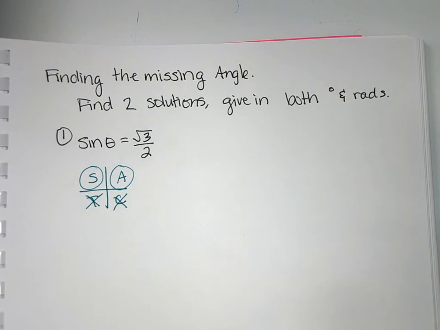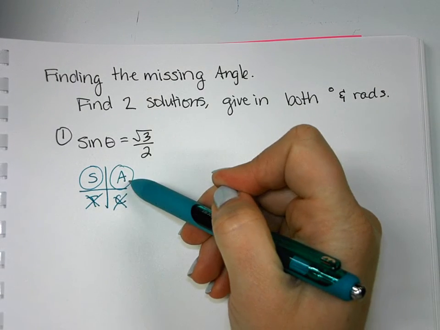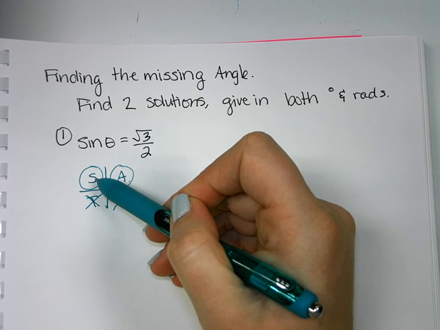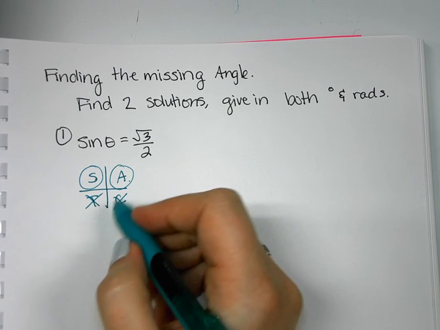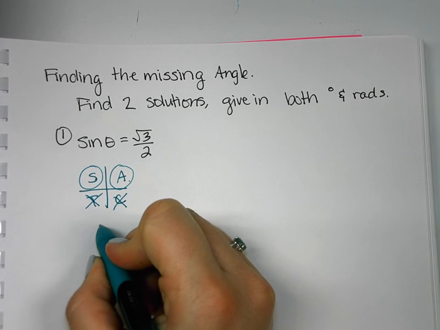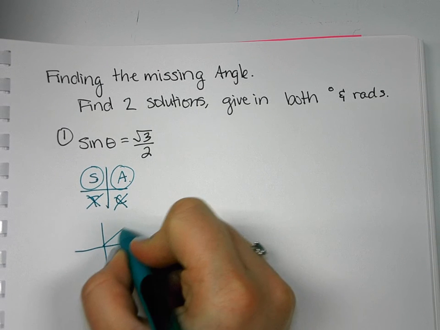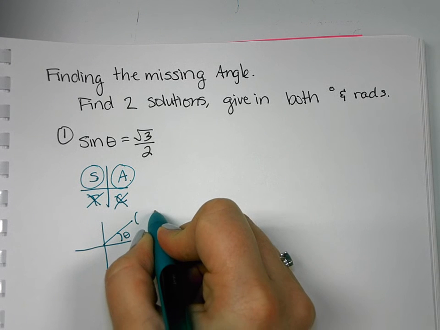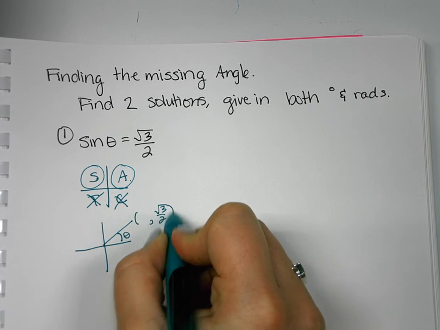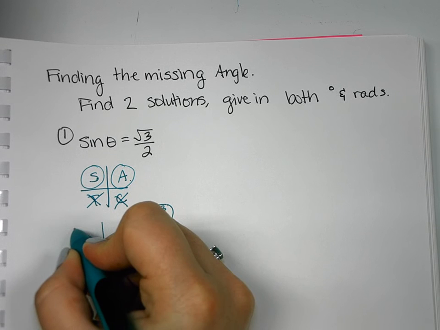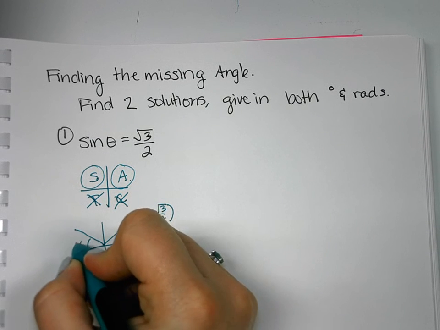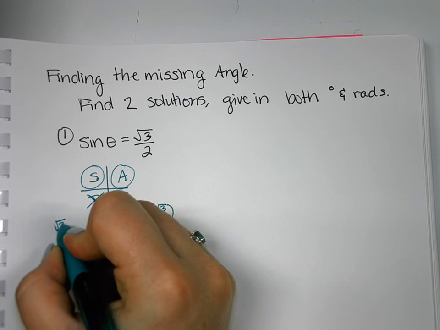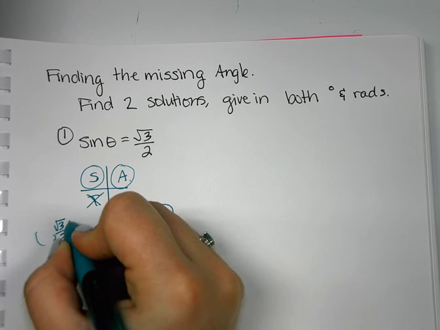I have the angle in this quadrant, 1, and the angle in this quadrant, 2. So what I'm going to be looking for is what angle here will give me a sine value of root 3 over 2. And what angle over here will also give me a sine value of root 3 over 2.